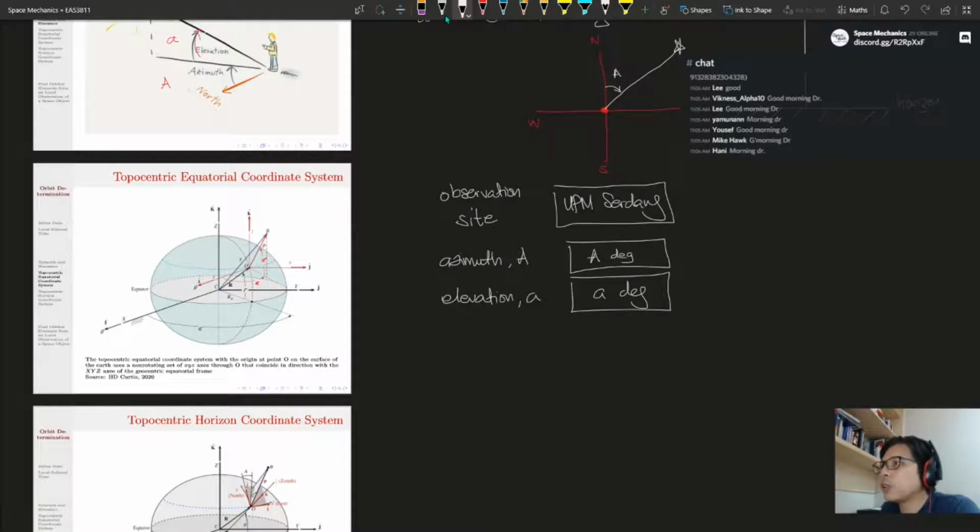And then you know also that that object in the sky is moving with a rate, A dot degree per second, and a dot degree per second.